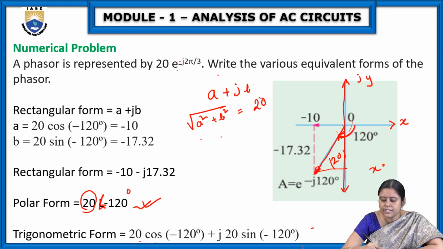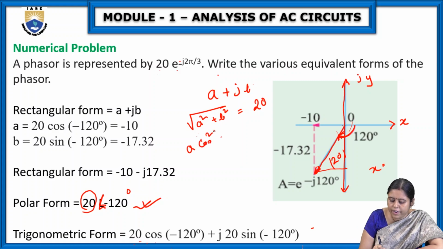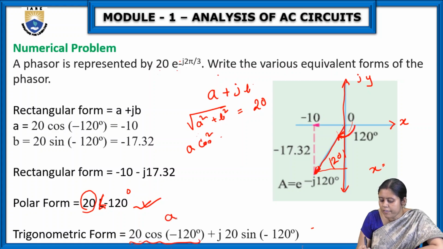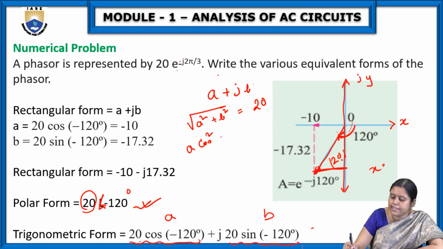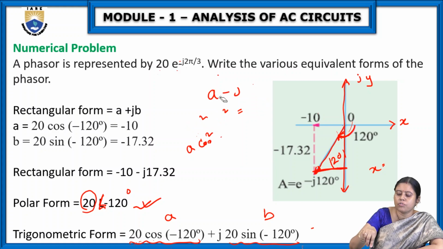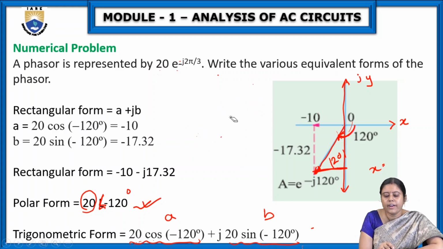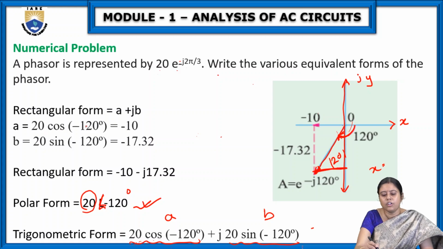This also we can write as A cos, so this is our A and this is our B, because this is our X. Rectangular form, we are making it a rectangle. So A is equal to 20 cos minus 120 degree. Cos 120 degree means half, so 20 times minus half is equal to minus 10. And Y is equal to 20 sine minus 120 degree.